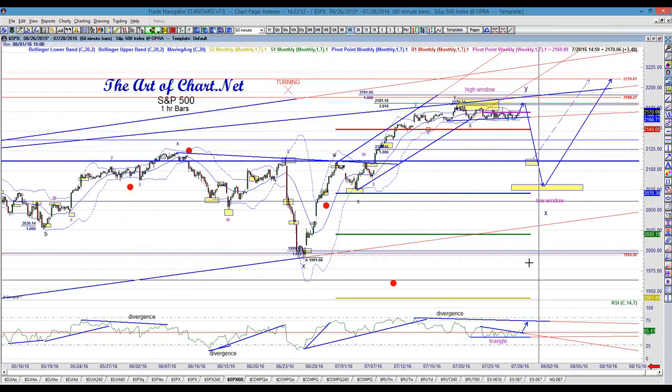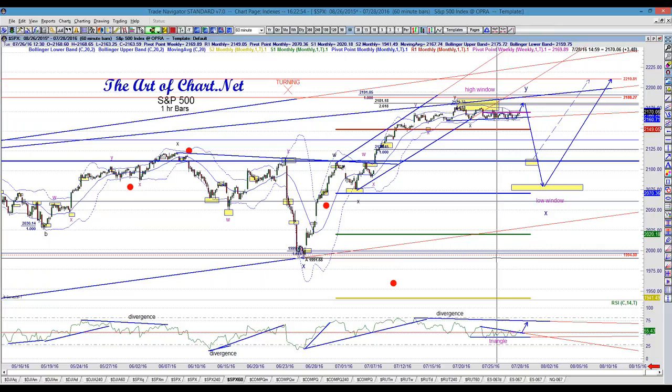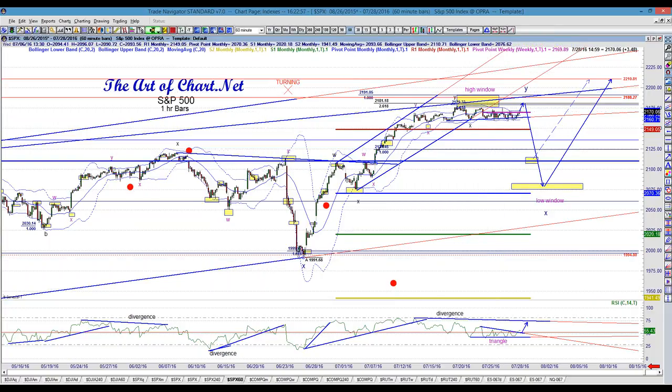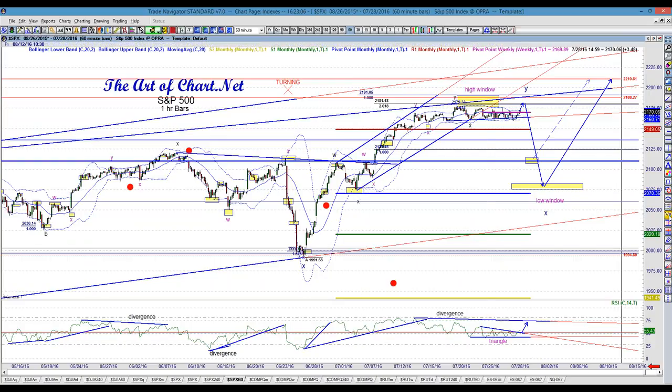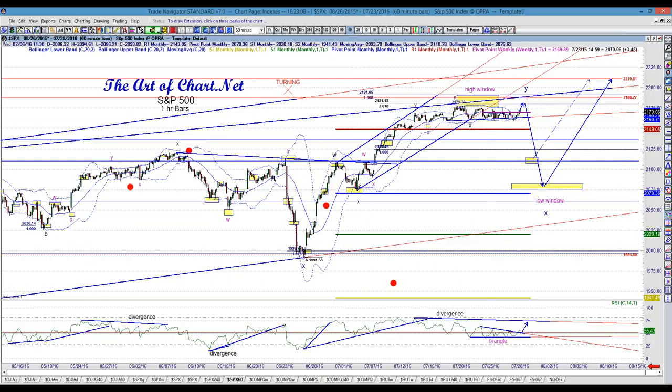We have a little bit different structure here, okay? And what I want to try to do here is show you, for example, this WXYXZ, which, by the way, could be done here, okay, potentially, okay, because it's a 5-wave sequence. And let me kind of show you the 5-wave sequence.